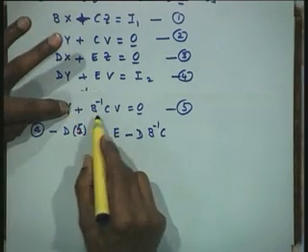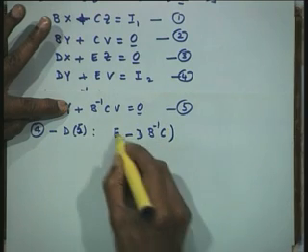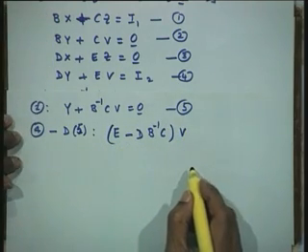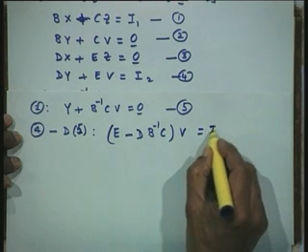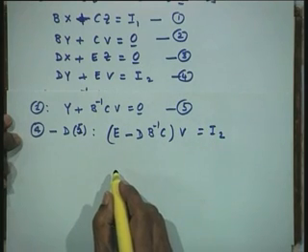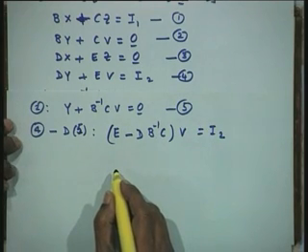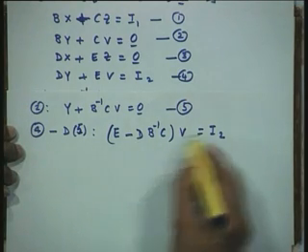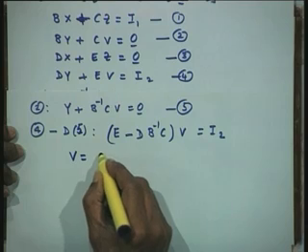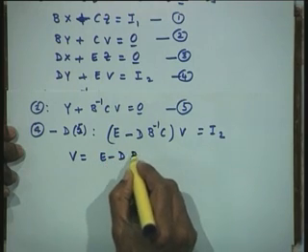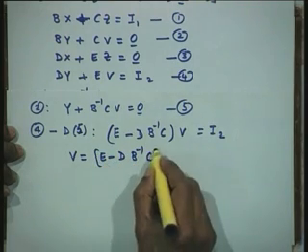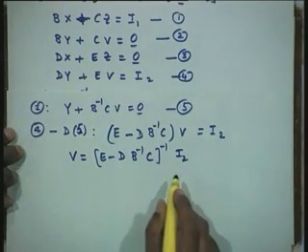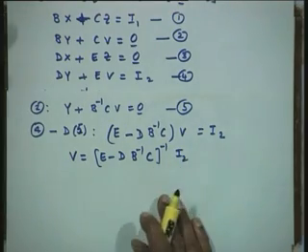So this is gone, and dB inverse C into V is equal to I2. Now this goes to the right hand side, therefore V is equal to E minus dB inverse C, whole inverse. I can throw away the I2 because it is multiplying by identity matrix.